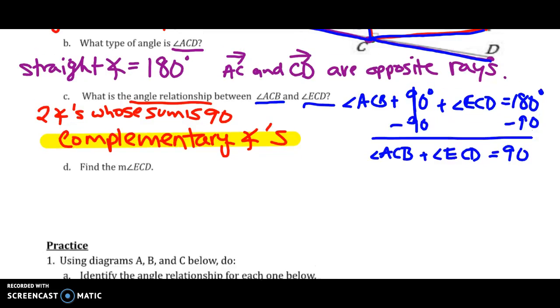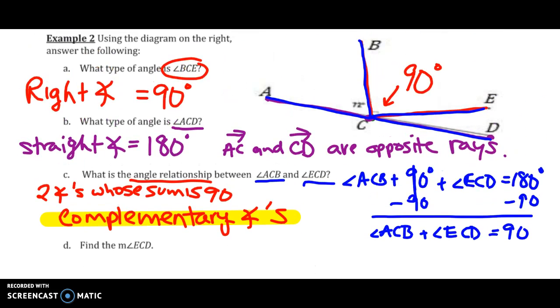All right, find the measure of ECD. Well, we have a formula that we can use here because we know that these 2 angles are complementary, and we know that the measure of ACB is 72 degrees plus angle ECD will give us 90.